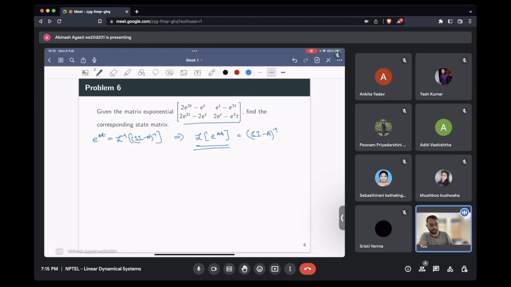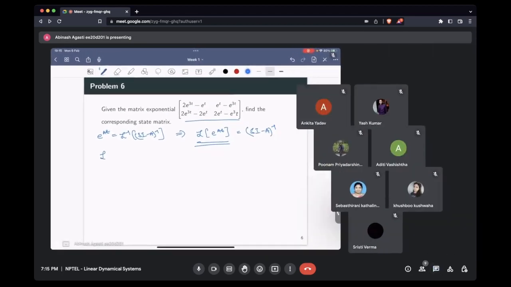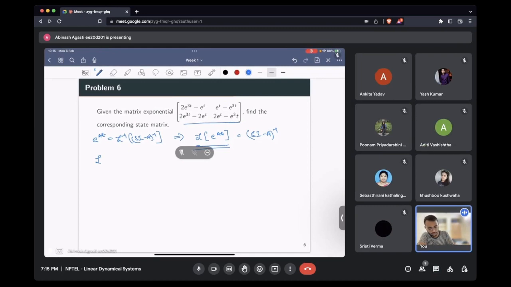Okay, should we try? So does anyone have the answer yet? Okay, so we'll try this. Take the element-wise Laplace transform.